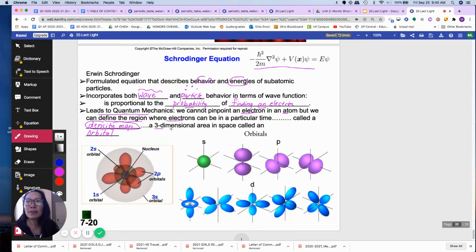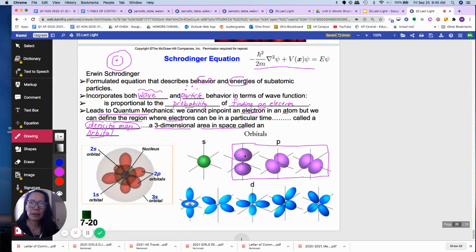This is a three-dimensional area in space called an orbital. An orbital in this case is not like an orbit. They are areas in space. These are all orbitals. If the area in space looks like a sphere, it looks like this. The electron is in there somewhere. If it looks like these lobes, like dumbbells, these three are called p orbitals.